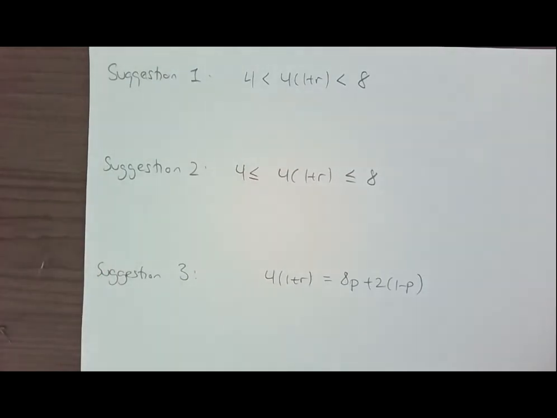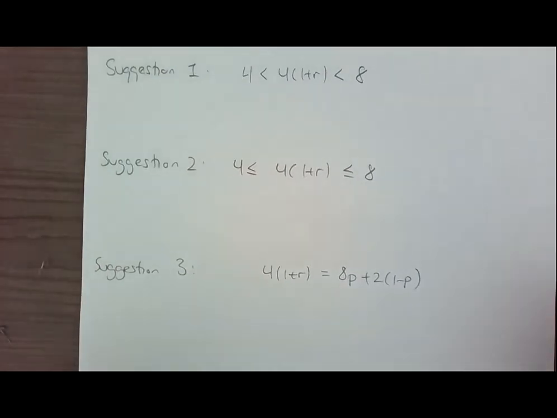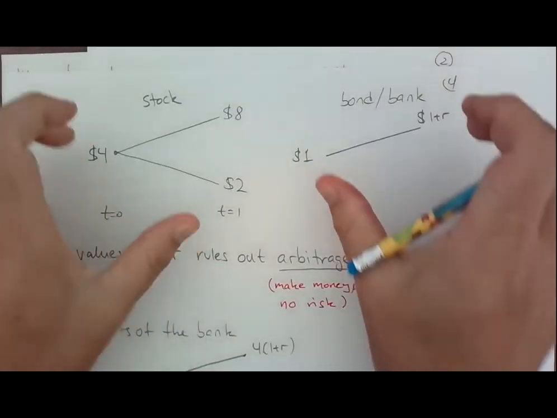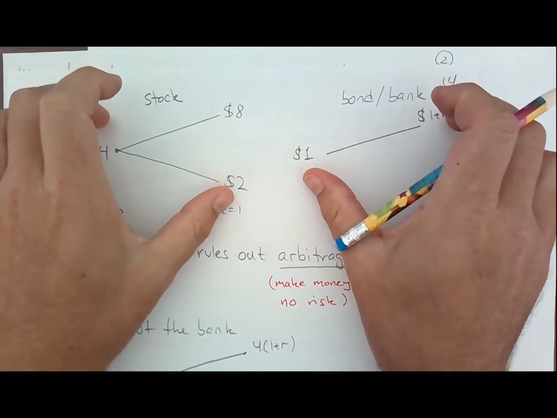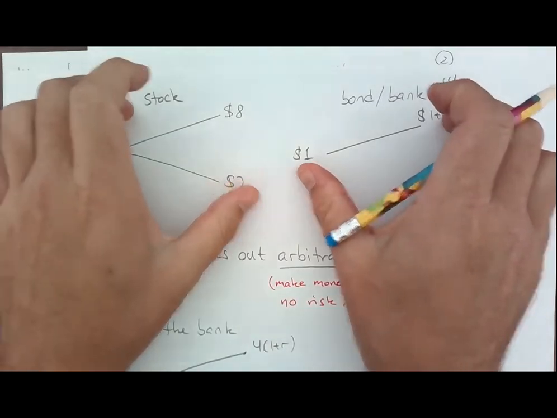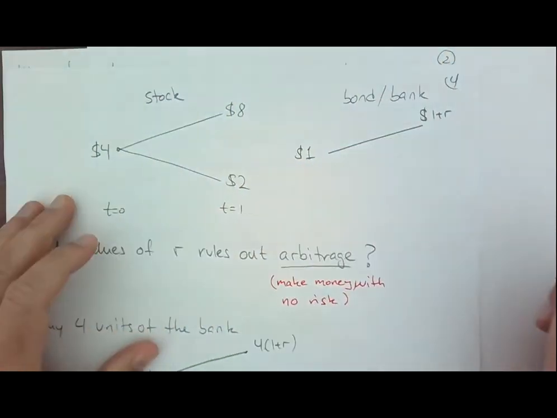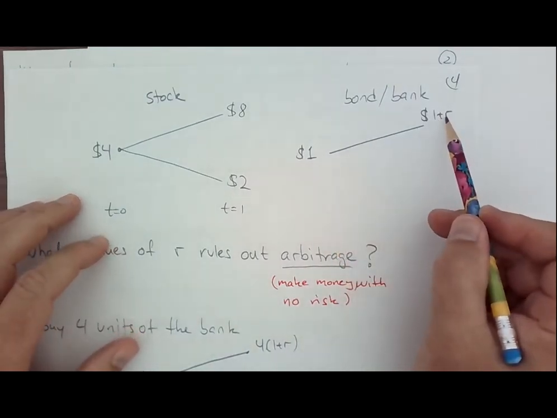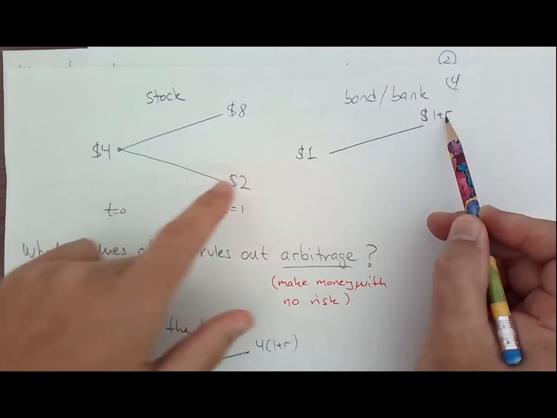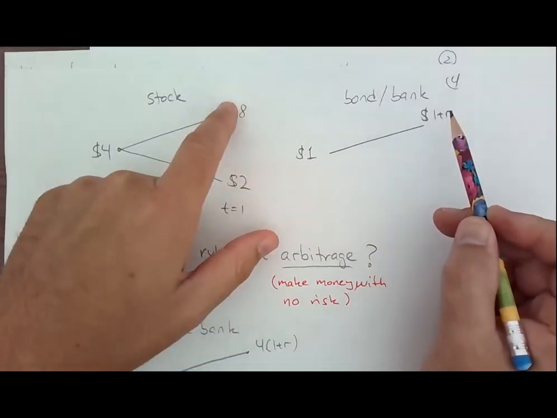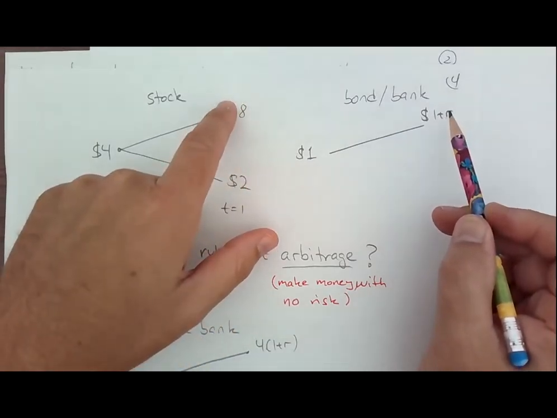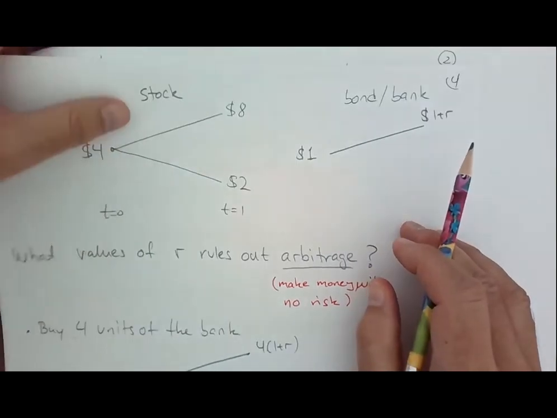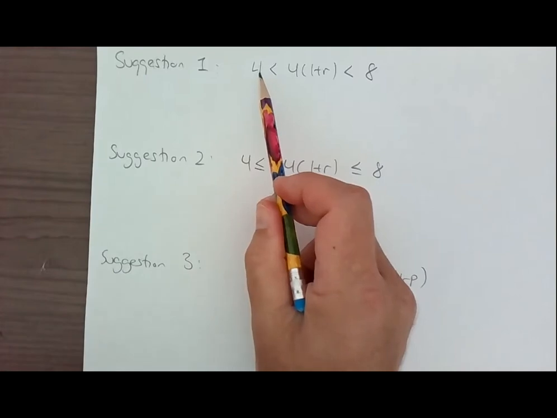Okay, so the key to do this is you have to look at these 2 pictures at the same time, and then merge them. And if you merge them, then the question is this 1 plus R, how does it relate to 2 and how does it relate to 8? So I don't like the 4 here.